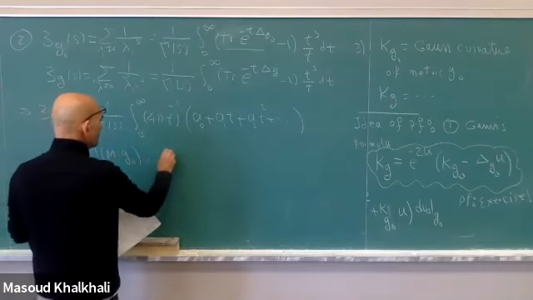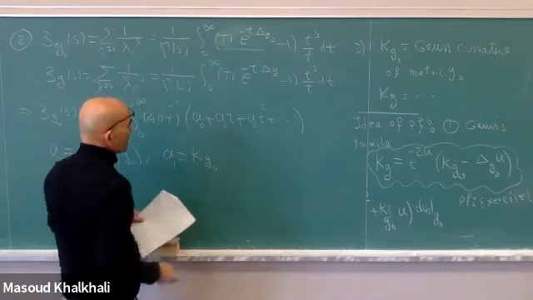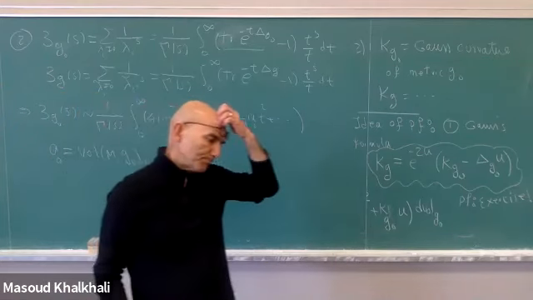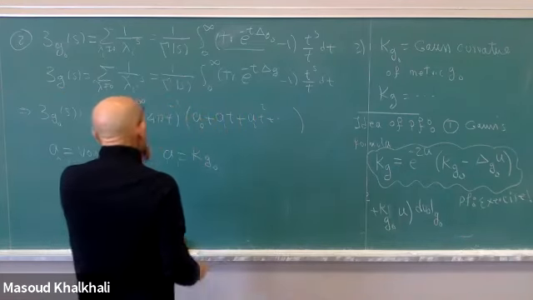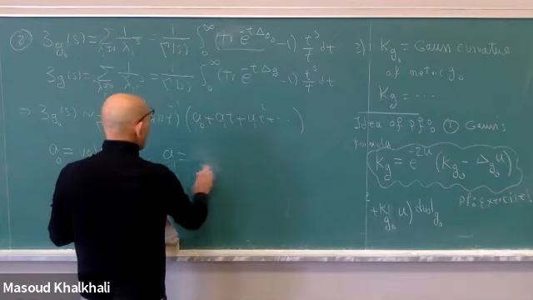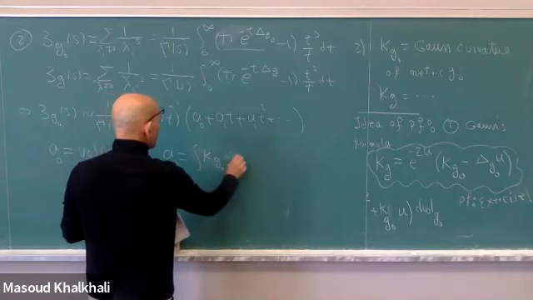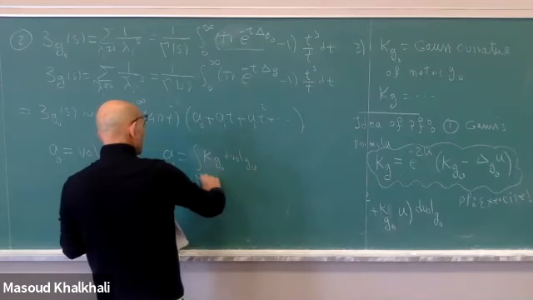And a1 is K_g0, which is basically the integral of the curvature K_g0 times the volume form of g0, over n.